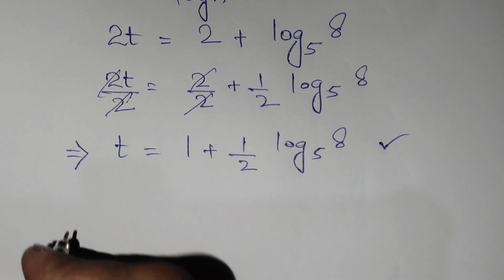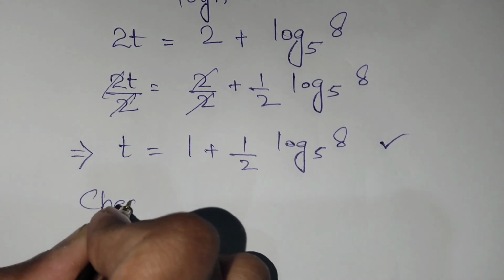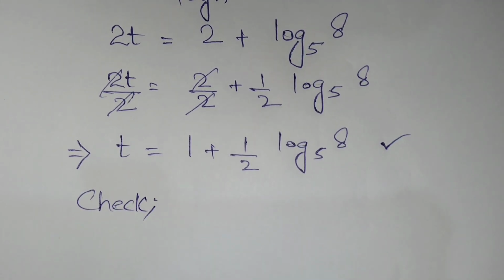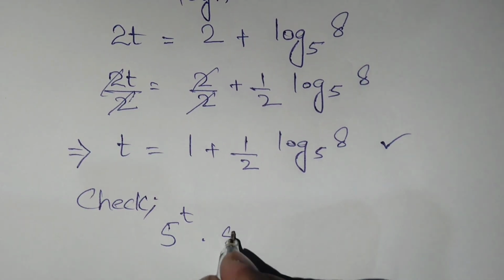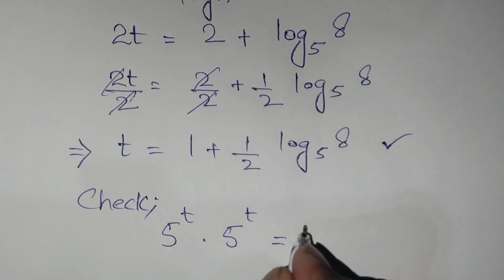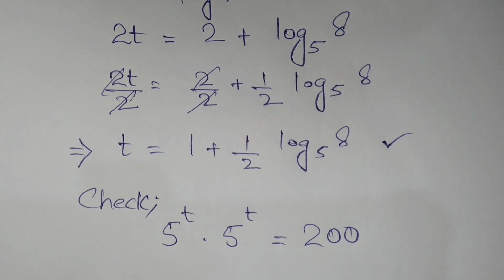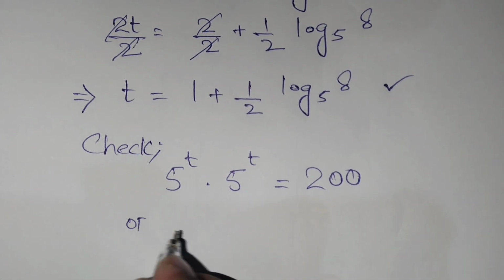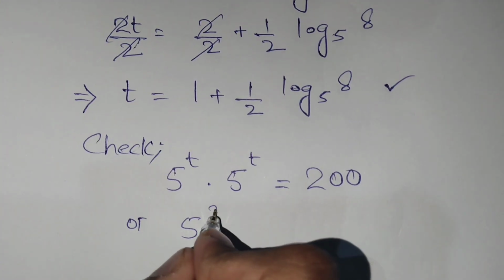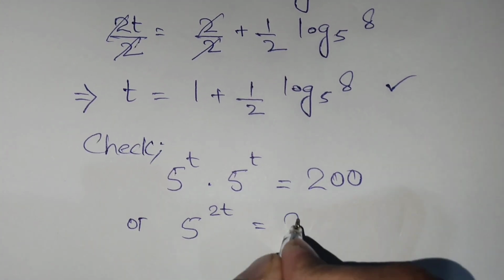Now we will check this value of t by putting this value back in our given equation. 5 power t times 5 power t equal 200, or we write this as 5 power 2t equals 200.